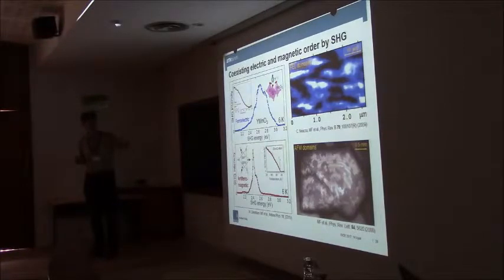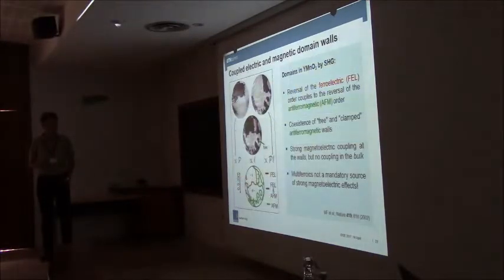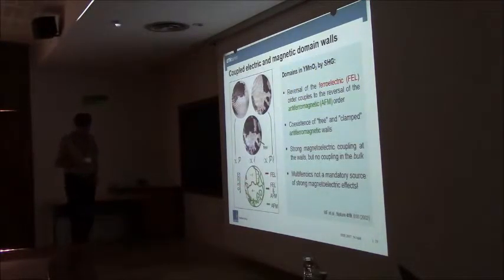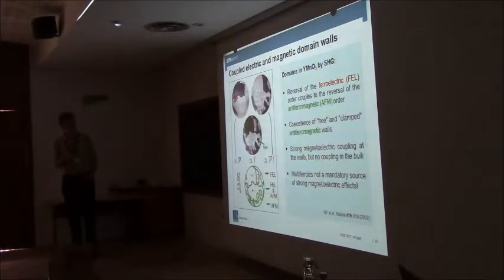But in the end, you see both structures, both domain patterns happily coexist in a multiferroic. And that's that one I already showed 2 days ago. So then you can take domain pictures, apply electric fields so that you make these ferroelectric domains a bit larger. And then you see that the ferroelectric domains are coupled to the antiferromagnetic domains.